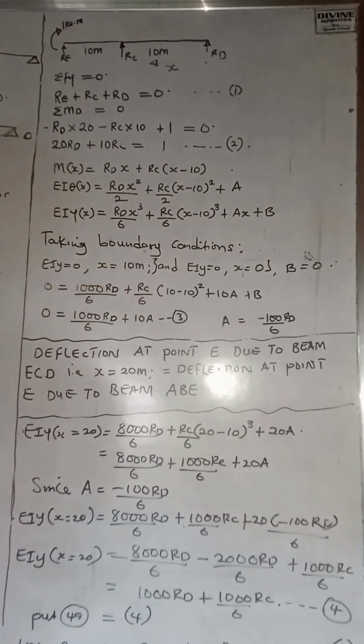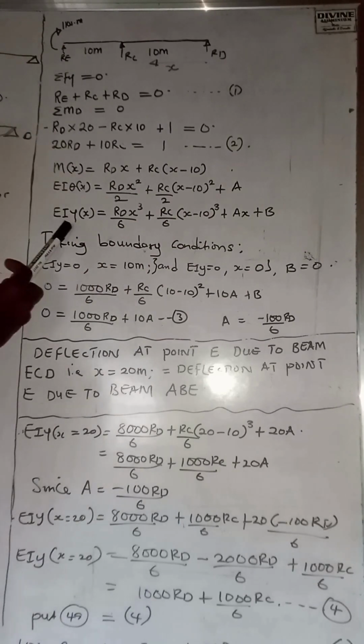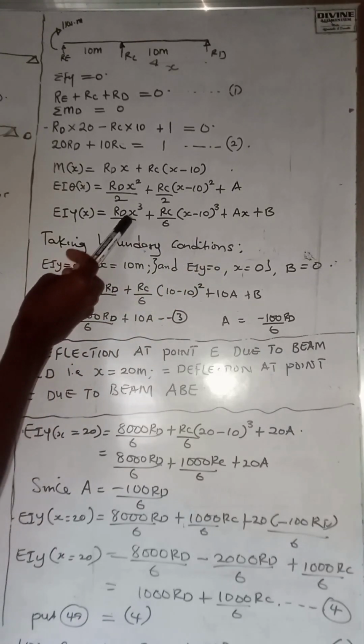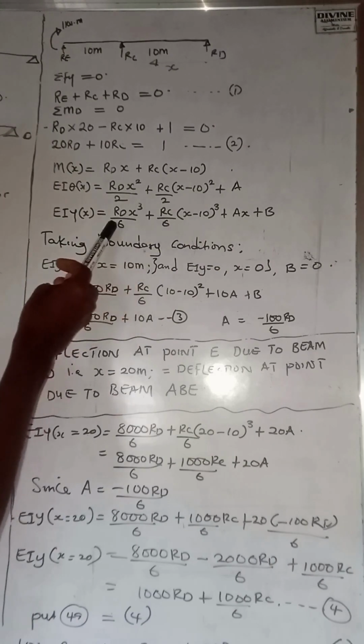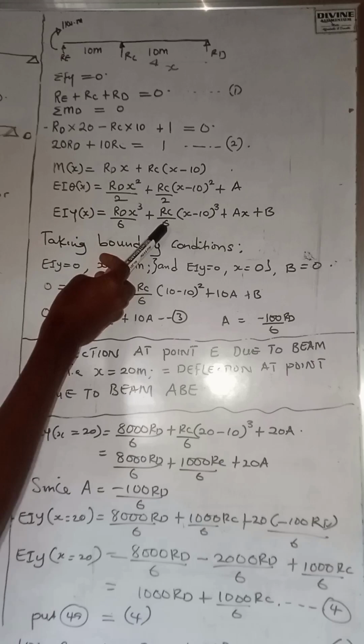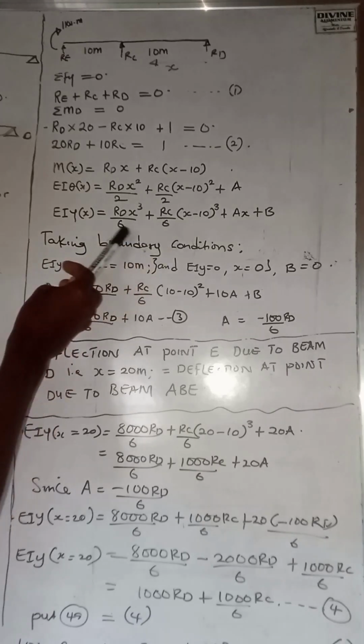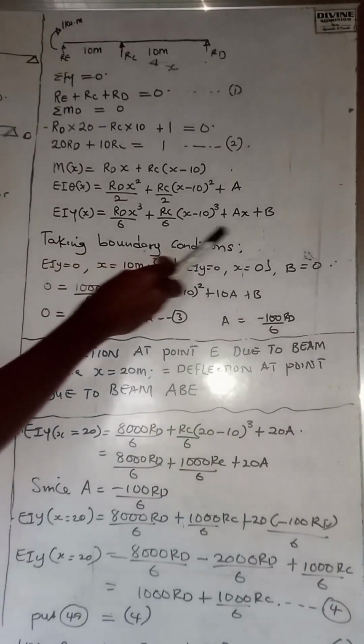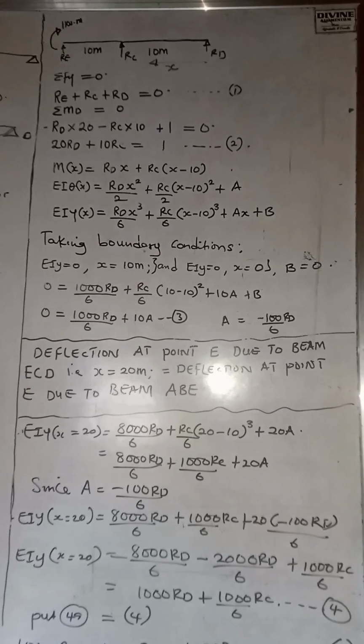We have a constant of integration, let's call it A again. Having integrated this, we have the deflection expression: RD x cubed over 6 plus RC (x minus 10) cubed over 6 plus Ax plus B. Okay, so this is the expression for the deflection.